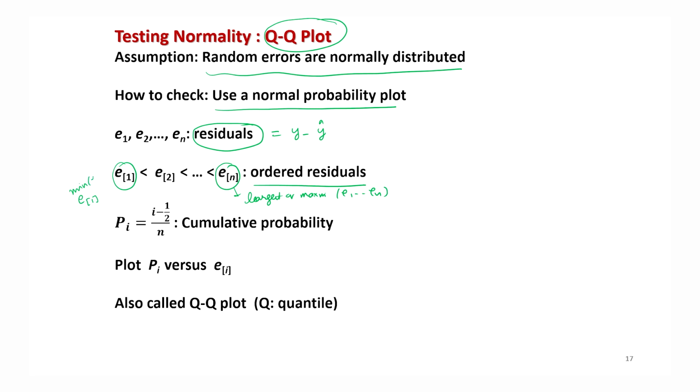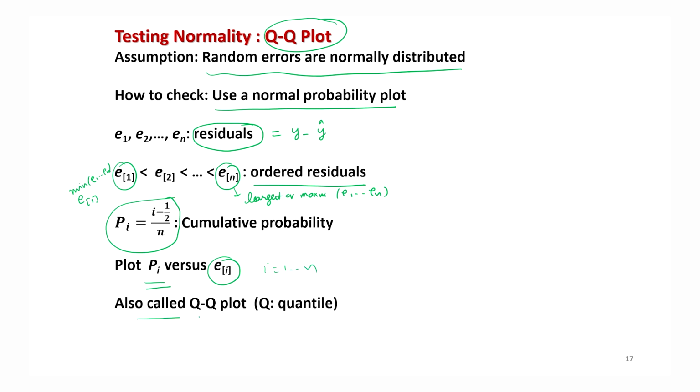So this is the minimum and this is the maximum. We arrange them, and then compute the cumulative probability by this expression: pi equals (i minus 1/2) upon n, and then we plot pi against these ordered residuals. i goes from 1 to n.